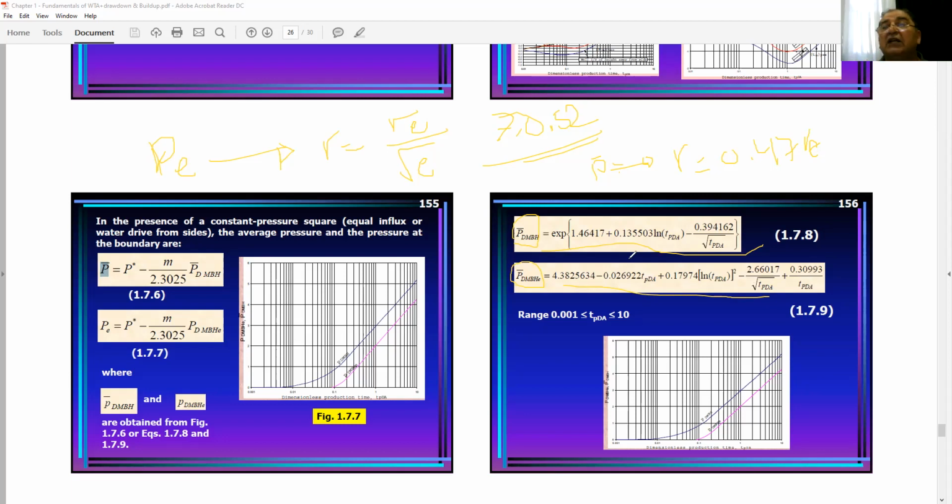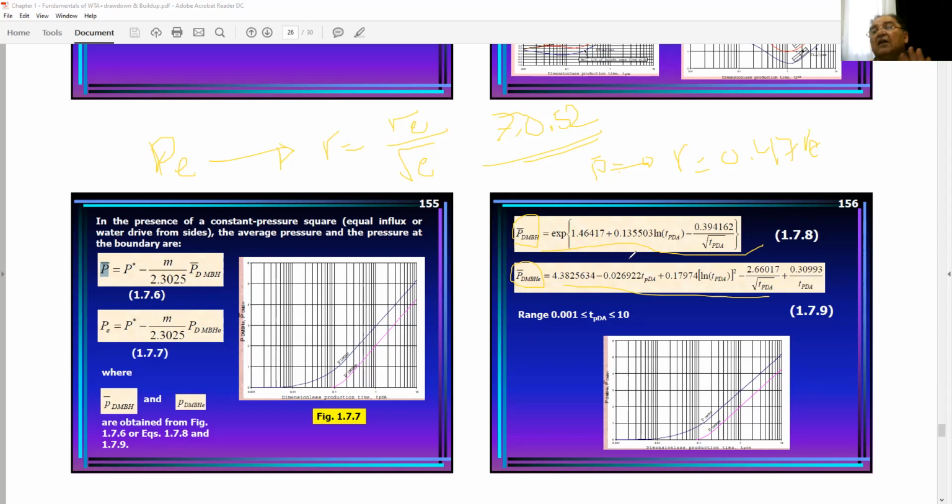You are going to calculate the permeability and the skin factor, and of course you will be able to calculate the wellbore storage factor. From the Horner plot, you will extrapolate your infinite-acting line to the point where (tp plus delta t) divided by delta t equals 1, and you're going to calculate P star. What is P star? It is a value close to average reservoir pressure or initial reservoir pressure.